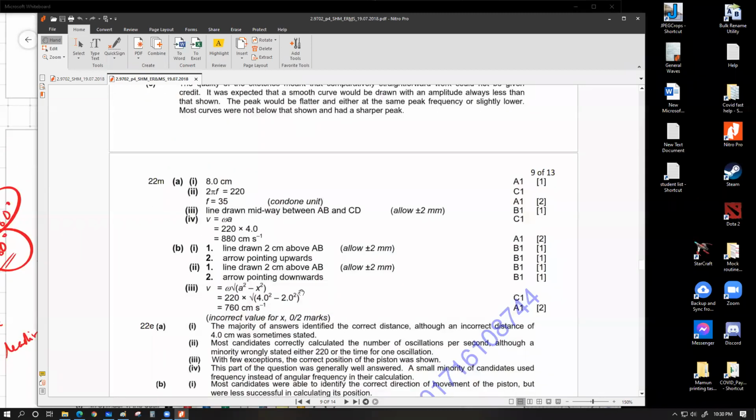I hope this time it's okay. Yes, I messed up. Arrow pointing upwards.